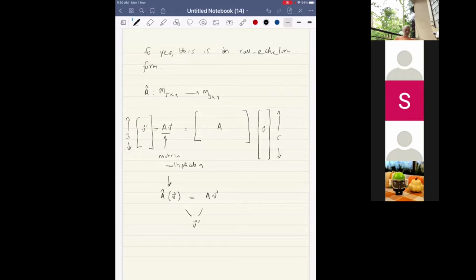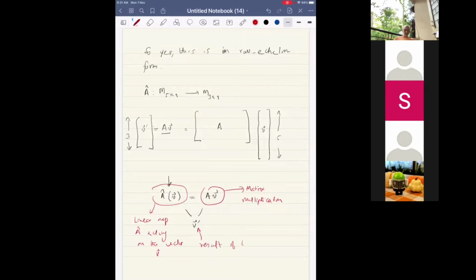So this is matrix multiplication, and this notation means linear map A hat acting on the vector V. In both cases, the result of the operation is a vector V prime.